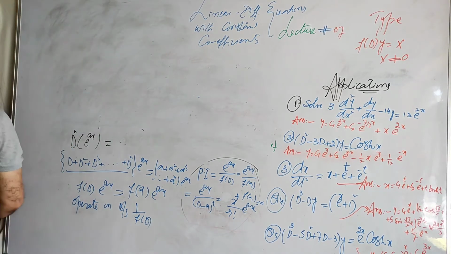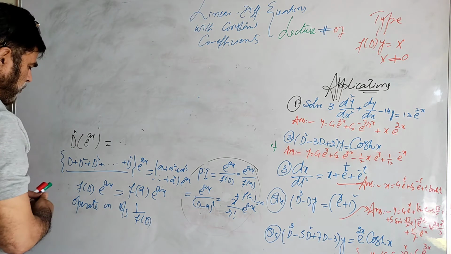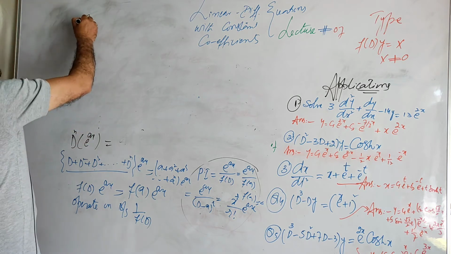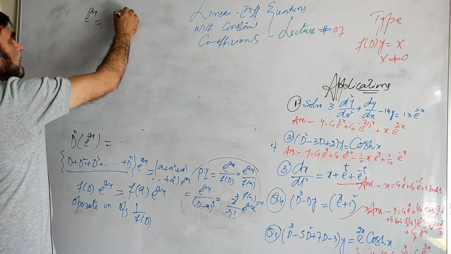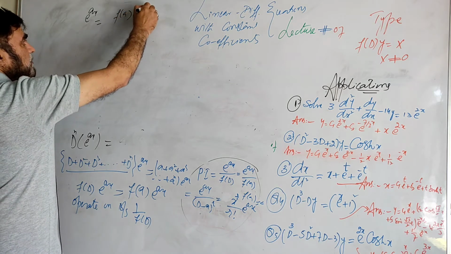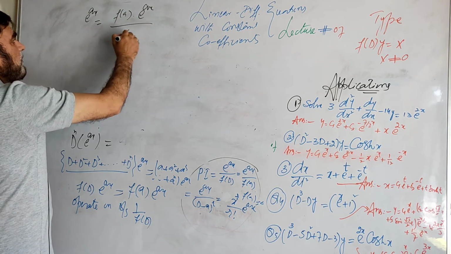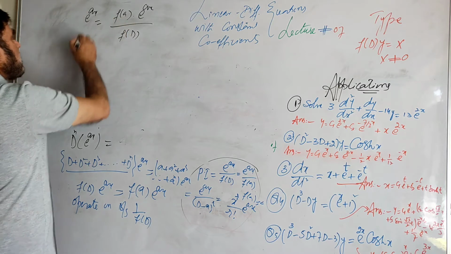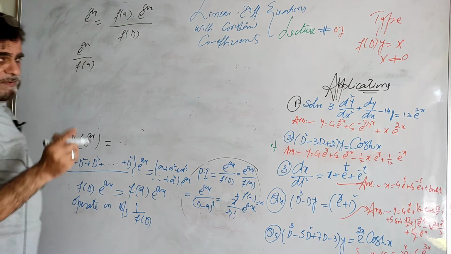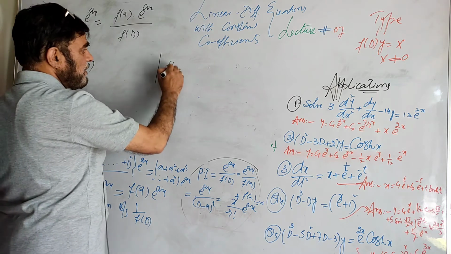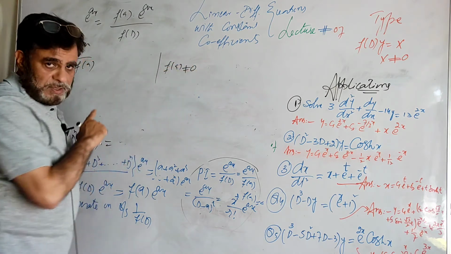When you operate, you will get e raised power x is f of a times e raised power x by f of d. Take this down: e raised power x by f of a. We are taking this for granted, f of a is not 0, only then we can divide.